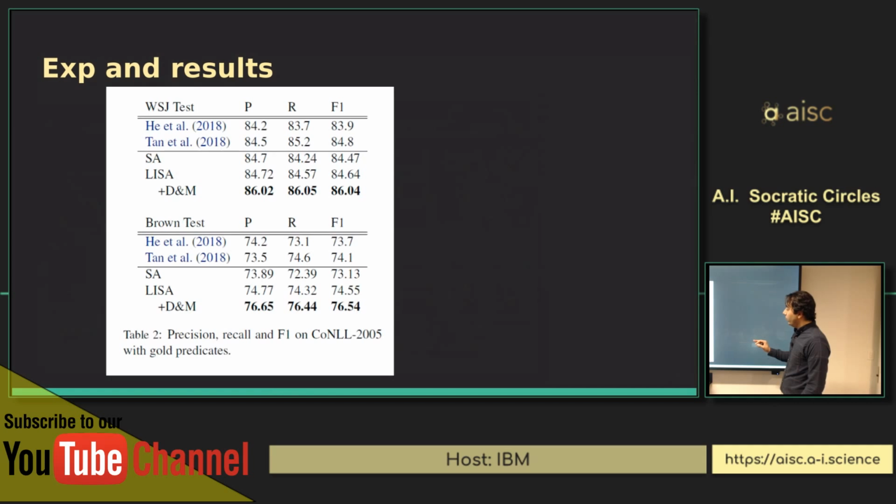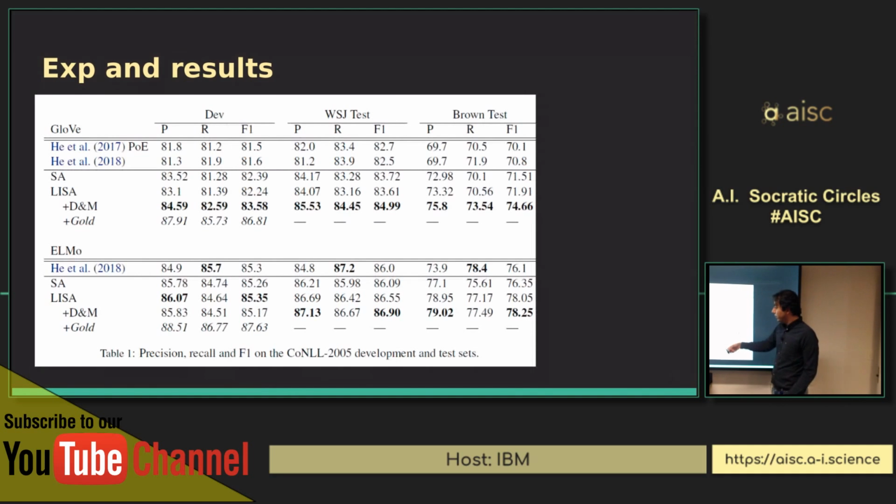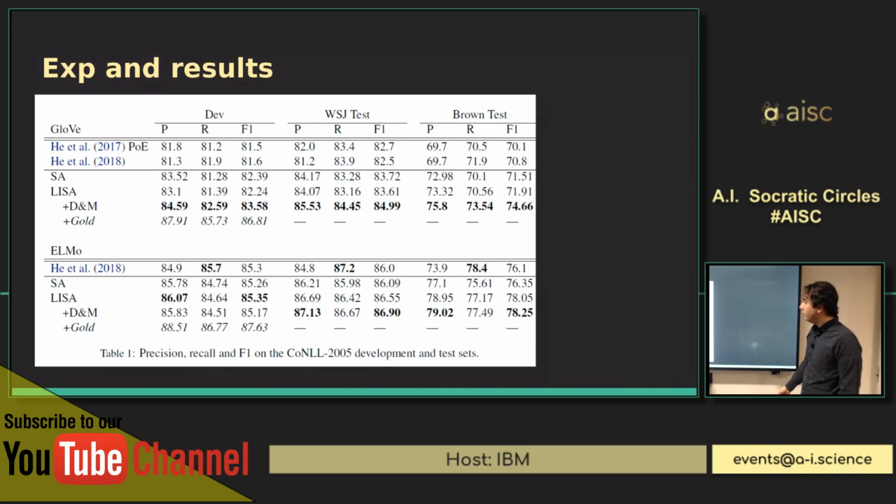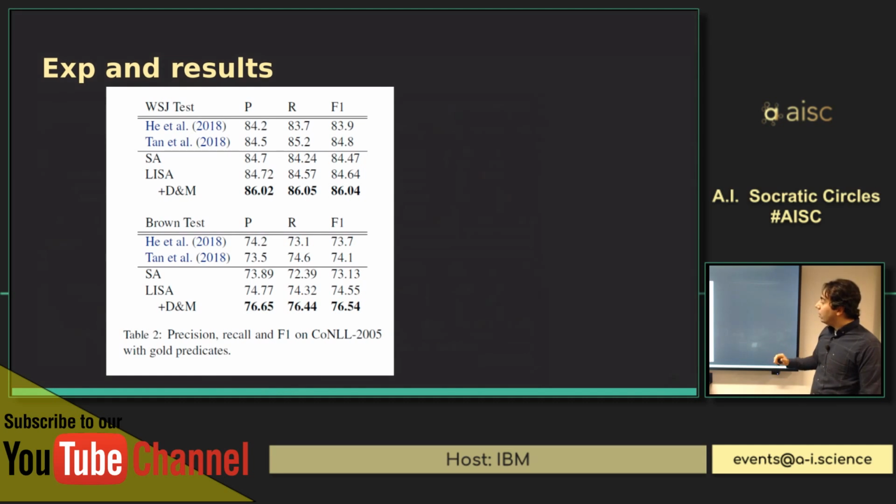This is precision, recall, and F1. There are two data sets. This was all CoNLL 2005, the development and test sets, which have portions. This is precision, recall, and F-score on CoNLL 2005 with gold predicates. If you remember the architecture, it did quite a few things at the same time.